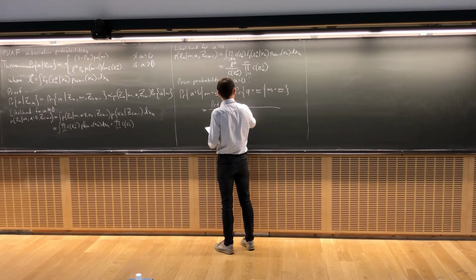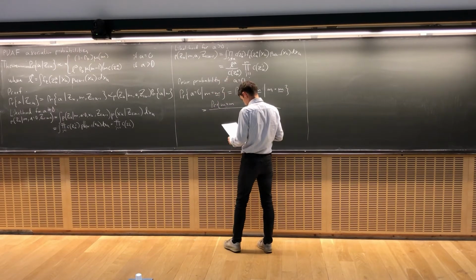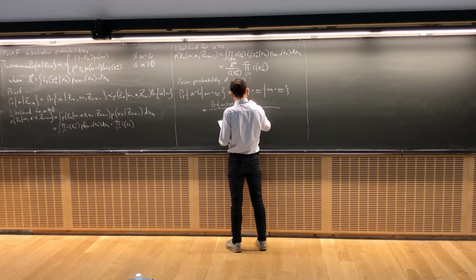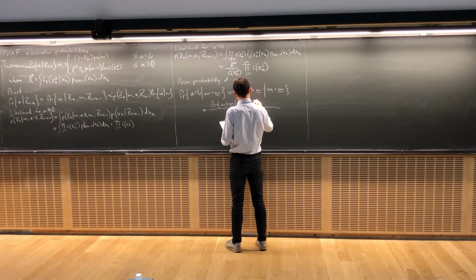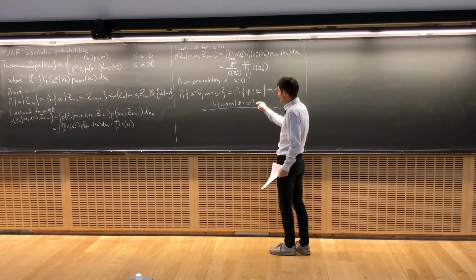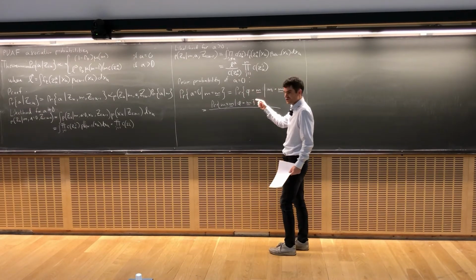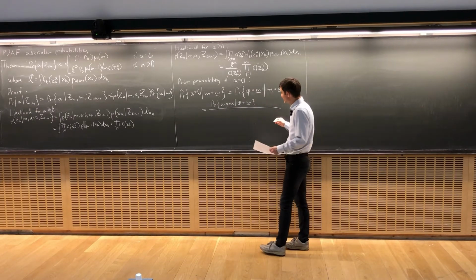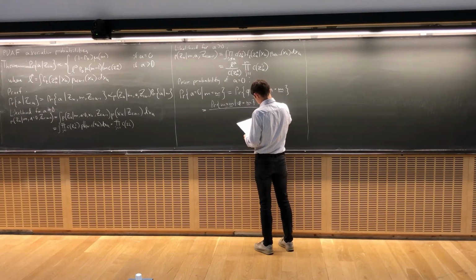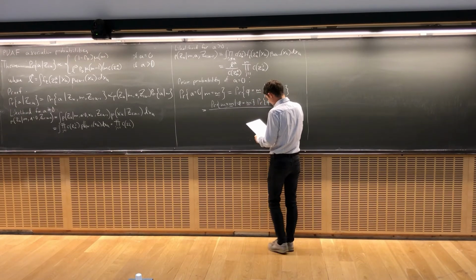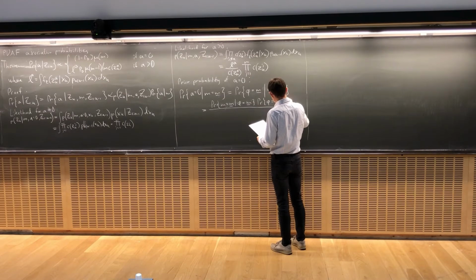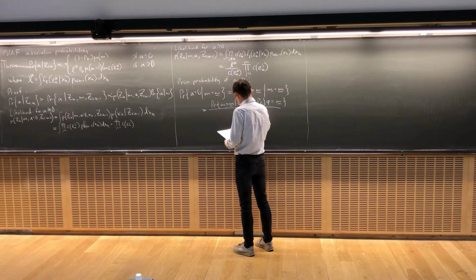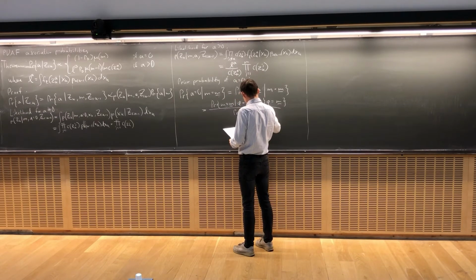Then I get the probability of n equals n bar, conditional on phi equal n bar. The reason for this is that I would really like to condition on my knowledge about phi, because I have a model for the clutter, encapsulated by this probability: what is the probability of phi being equal to n bar? And then, of course, I have the denominator, which doesn't concern us.